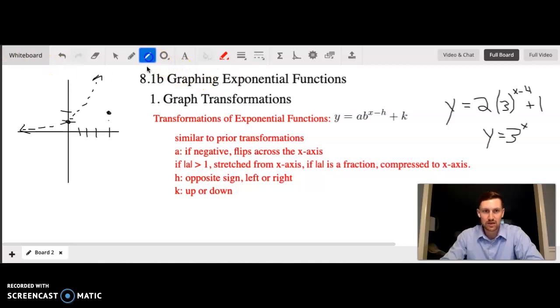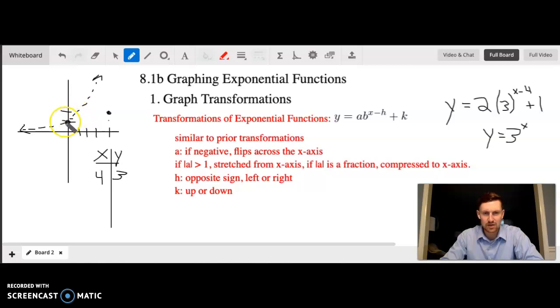Okay. Before we get an example or two, let's finish out with this one. So let's get a quick table of x, y. So I probably here, if I know it's shifted right 4, let me try a 4 for x and see what happens. All right. So if I try a 4, 4 minus 4 is 0. 3 to the 0 is 1. Notice 1 times 2 is 2, plus 1 is 3. So at 4, I get a value of 3.